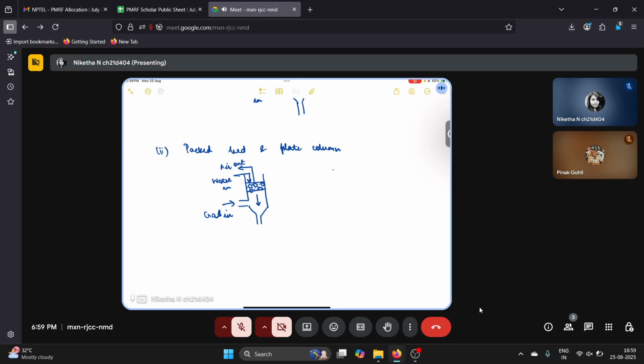And then there is also the plate column design. So here again the gas inlet is from downwards, and here we have some horizontal plates which are placed like this. Once the gas enters, it will tend to move in the direction where there are no plates.